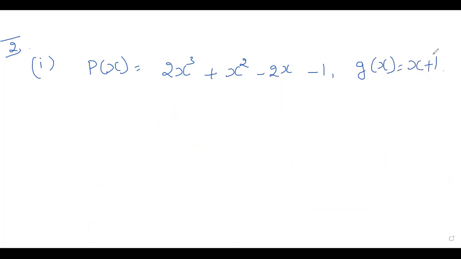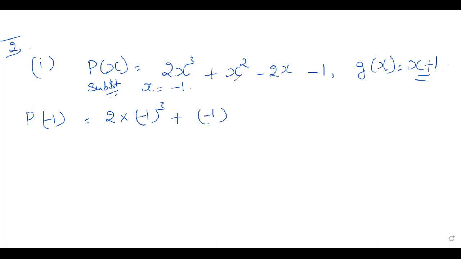You have to verify whether x plus 1 is a factor of the given polynomial or not. Same as previous sums, so substitute x is equal to minus 1. So p of minus 1 is equal to 2 into (minus 1) whole cube plus (minus 1) square as it is, minus 2 as it is. In place of x, I have written minus 1.